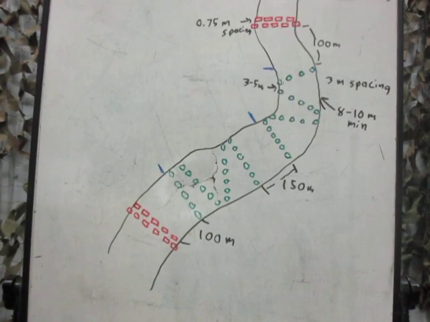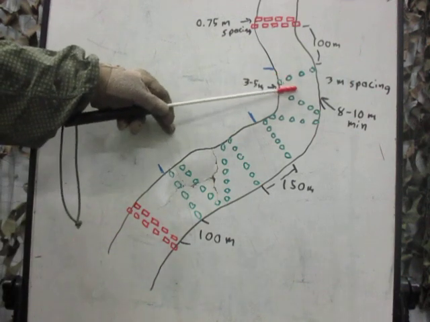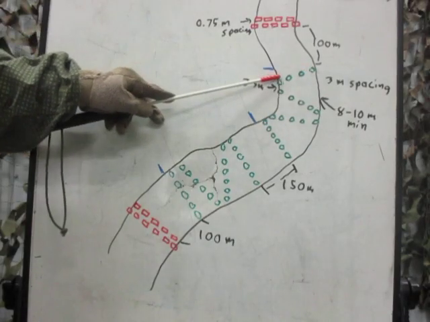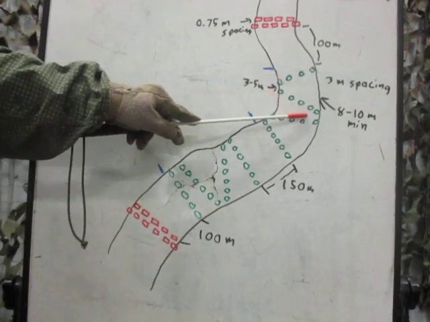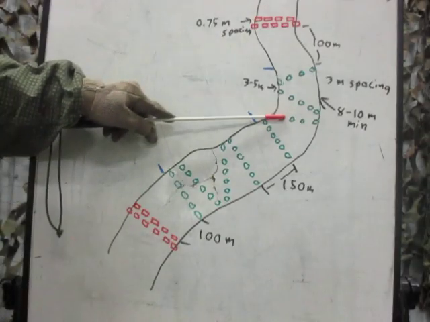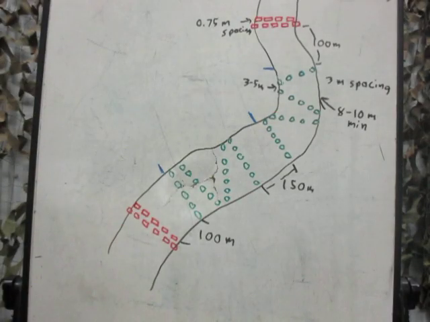It was also common that dummy mines would be employed in some of these rows. So you'd have a bunch of live mines in the first row. Second row, you might have a few dummies in here. Maybe in the third row, you would have some dummies, and you would also have some anti-handling devices even connected to the dummy mines.